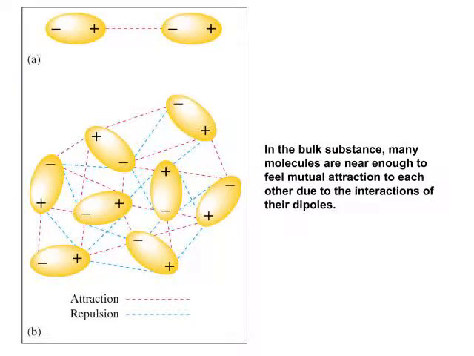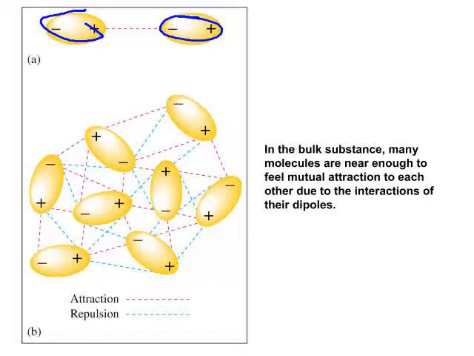Now, on the slide here, I had this picture of single molecules showing dipole-dipole attraction for each other. But the picture I want you to keep in your mind is more like the one on this slide. Picture in your mind the bulk substance, by which I mean you have a lot of something.